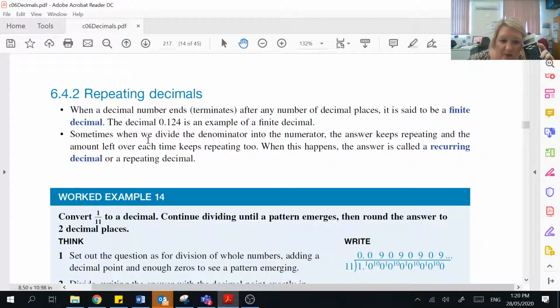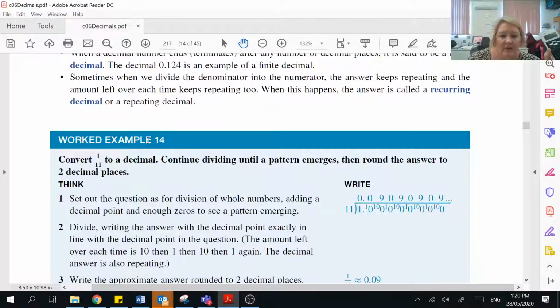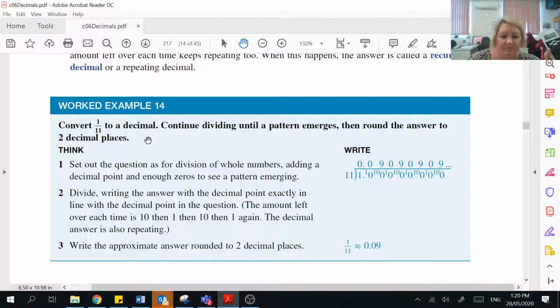All right, it's a recurring decimal. It's not always the same number over and over again. Sometimes it's a pattern, like 0.124124, okay?